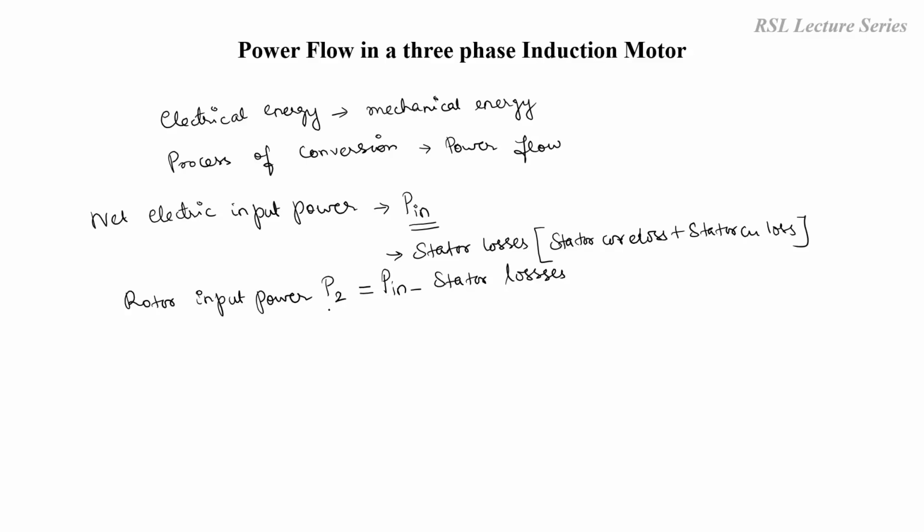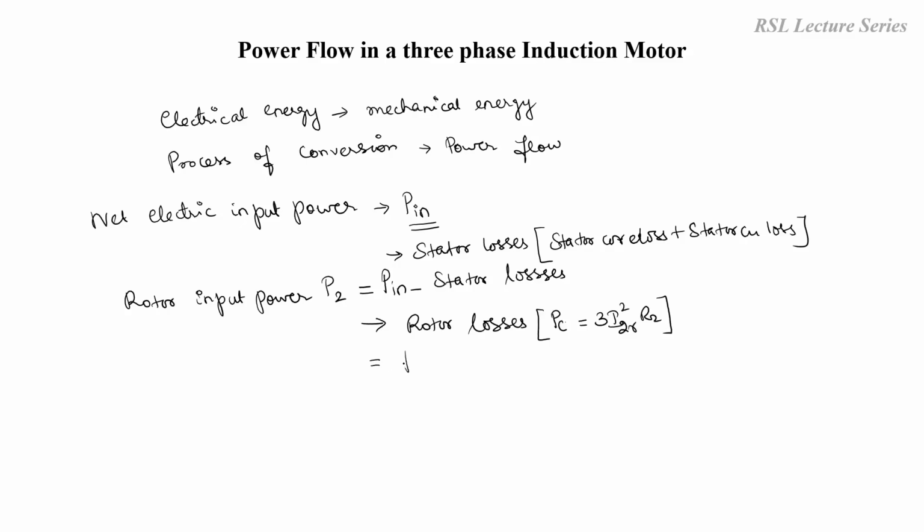Now this P2 has to supply the rotor losses. In the case of the rotor, we have already discussed that rotor core loss is negligible, and in the rotor we have only the rotor copper loss, which is denoted as PC. It is given by 3 I2 squared into R2. So the input power has to supply the rotor copper loss.